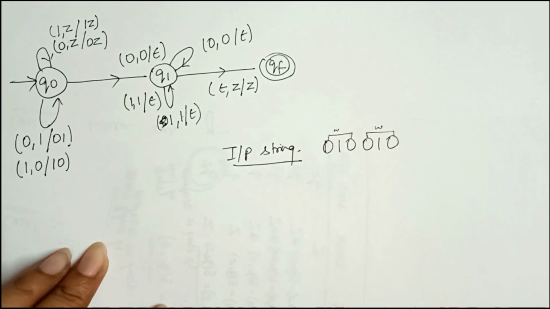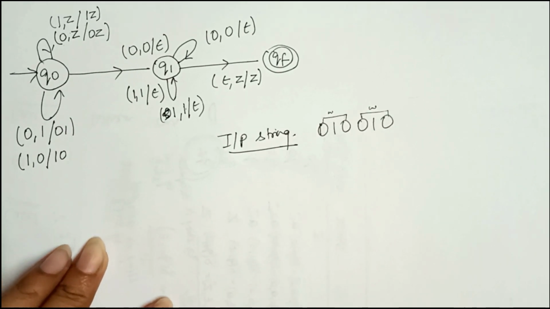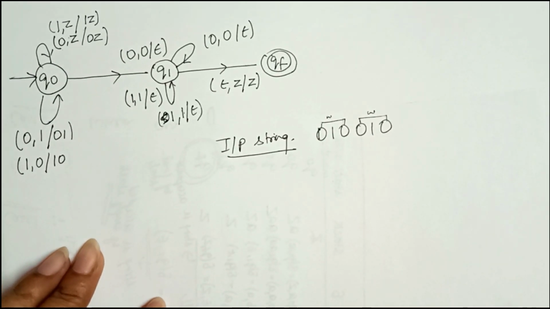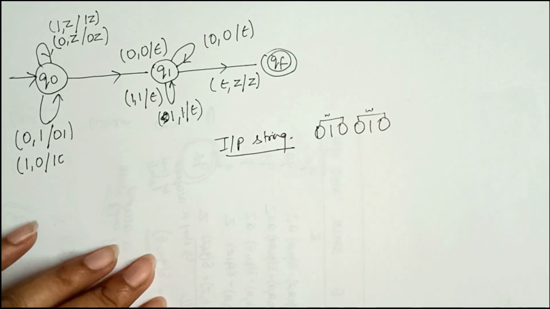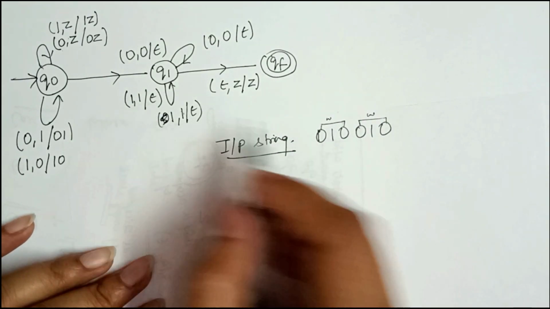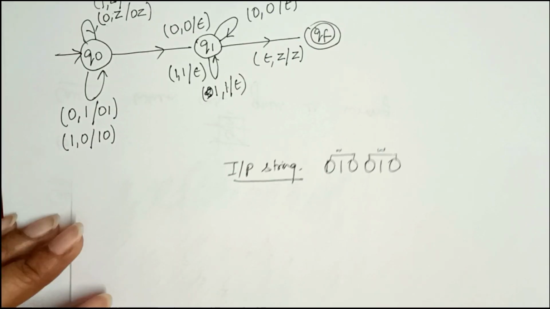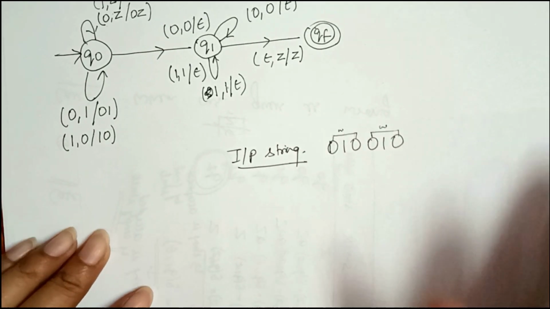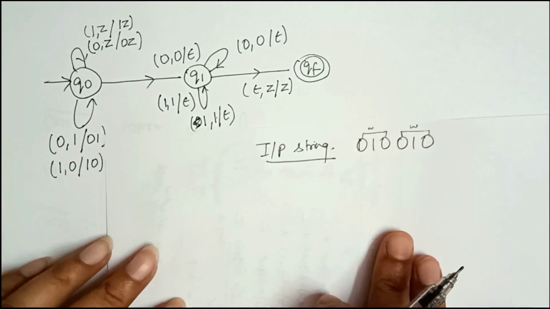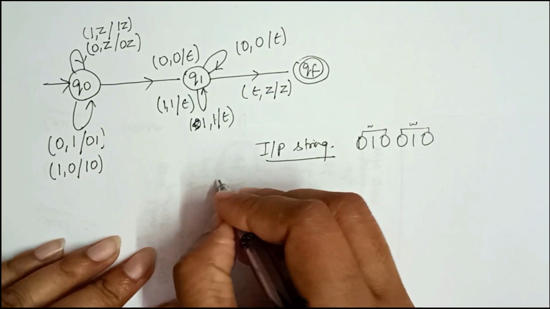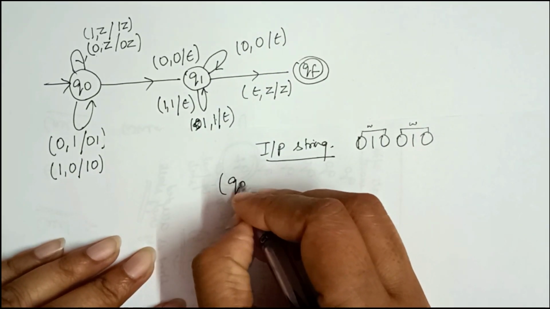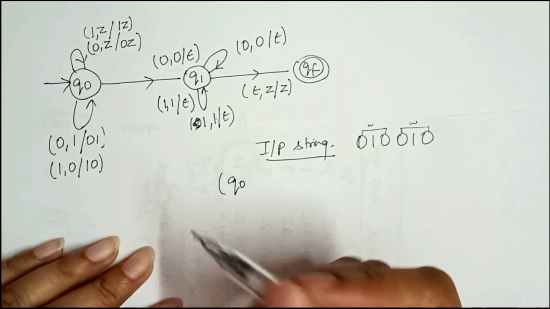Now, to show the solution, we use the instantaneous description, which contains a triplet, as we already explained in my previous video. With the help of this state diagram, we will see how we proceed. Suppose initially we are in the Q0 state, which is the initial state.